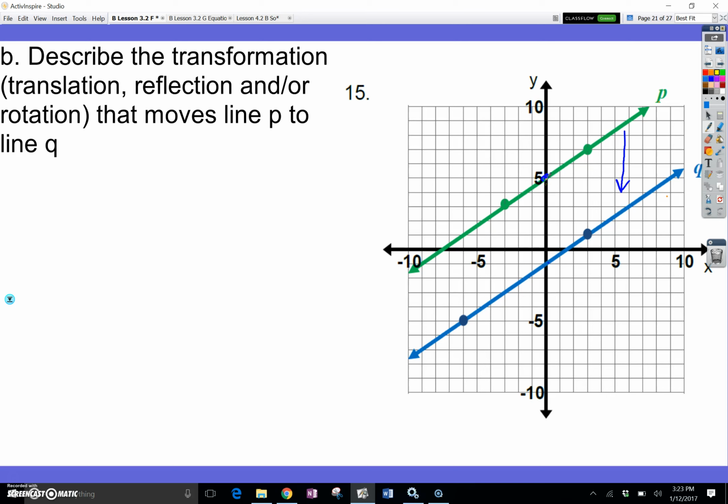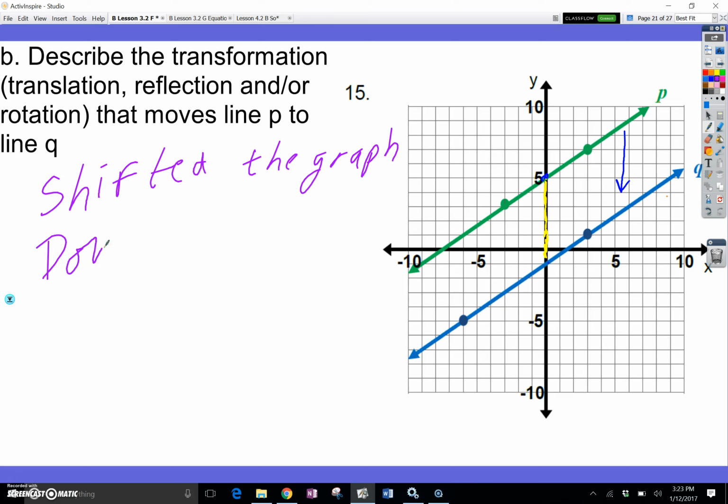And from here we went down 1, 2, 3, 4, 5, 6. So here we would say we shifted the graph down 6 units.